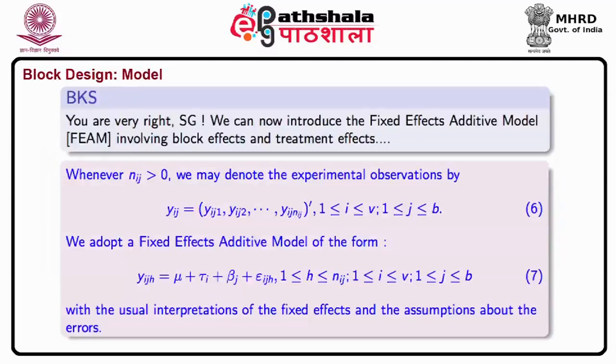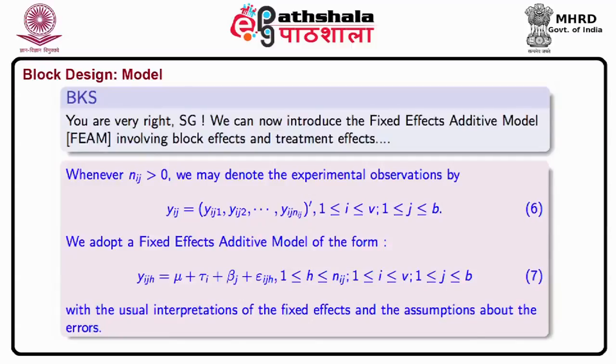You are very right. We can now introduce the fixed effects additive model involving the block effects and the treatment effects in the most general form as we have envisaged. Remember, for the ij combination, nij is the number of experimental units allotted to the treatment i in the jth block, provided nij is positive, because it could be 0 as well, as you said.